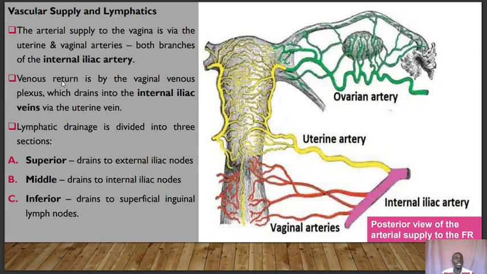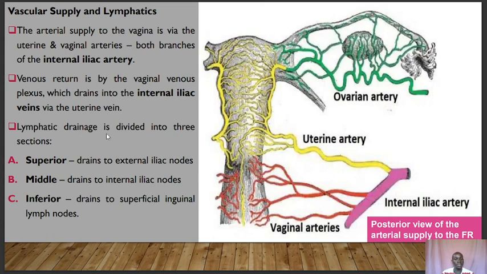In terms of vascular supply and lymphatics, the arterial supply to the vagina is by the uterine and the vaginal arteries. Both of these are branches of the internal iliac artery. Venous return is by the vaginal venous plexus, which drains into the internal iliac veins via the uterine vein.